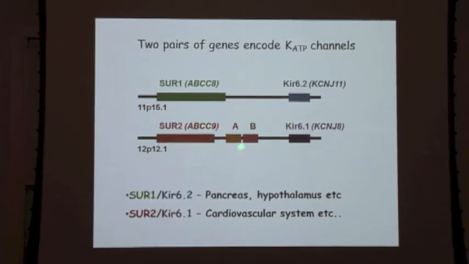SUR2 contains 2 major C-terminal spliced exons, which give rise to alternate C-termini to the protein. So we have SUR2A and SUR2B. This tells you first that somewhere in evolution there was a duplication of one pair to make the other one.